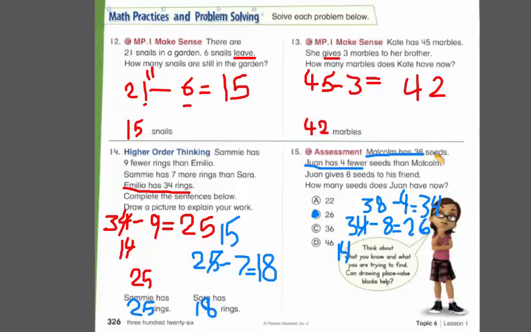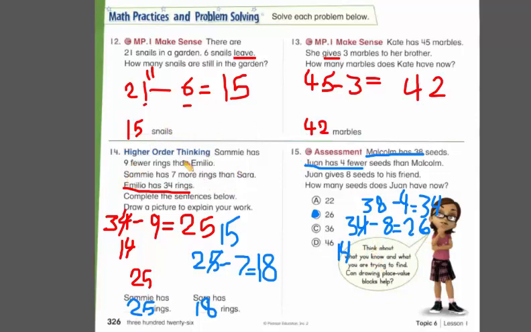So I will subtract 34 minus 8. I can't subtract 4 minus 8. I need to regroup 1 ten and make it 10 ones. So now 3 becomes 2 because I took 1 ten. Now instead of 4, I have 14. 14 minus 8 equals 6. So the answer is 26.